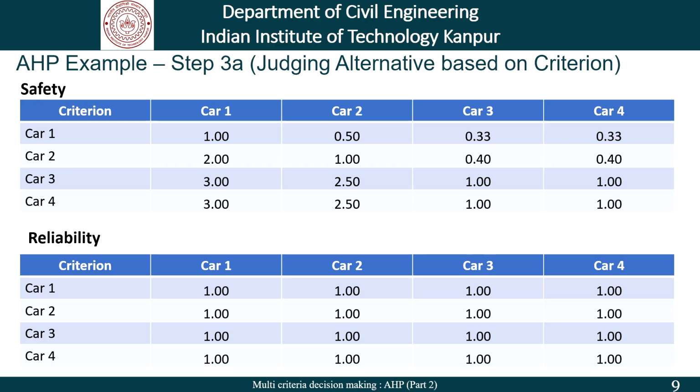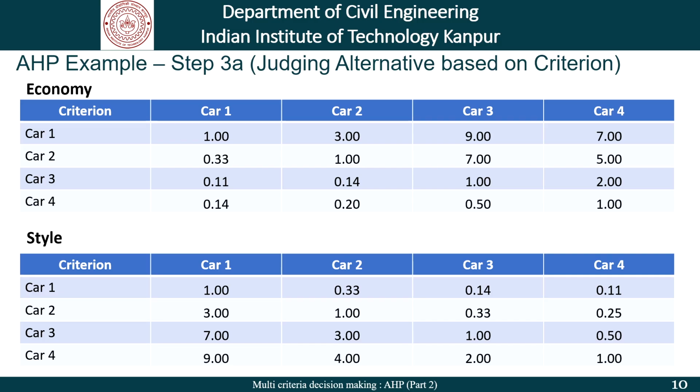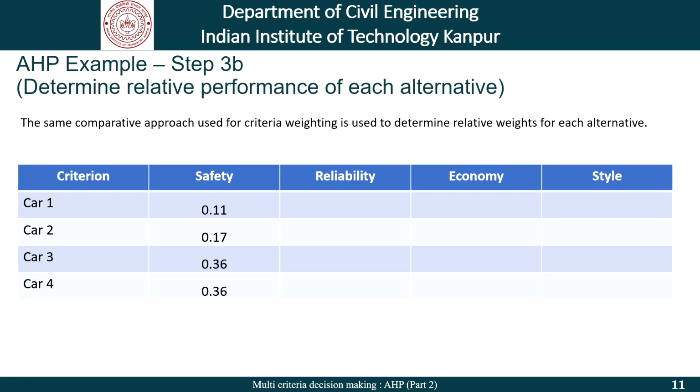For example, for safety, we compared car 1, 2, 3 and 4. Then we also compared these cars on the basis of reliability, economics and style. We created a pairwise comparison matrix for each one of them. Then I had discussed how we calculate weights, and how we calculate the relative performance of each alternative on a given criteria.